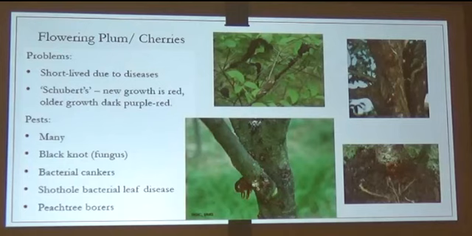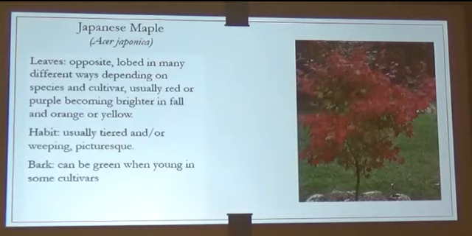So anything that's in the prunus family is susceptible to all of this. They have not really bred a lot for resistance to all of this. So it's something to be aware of, and most cherries and plums and almonds and things like that don't live very long because of all those problems.